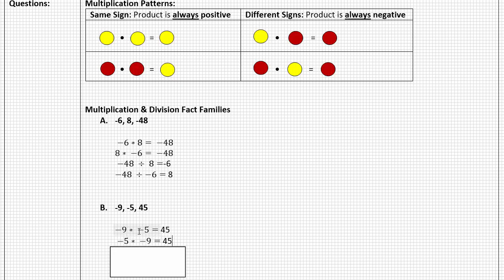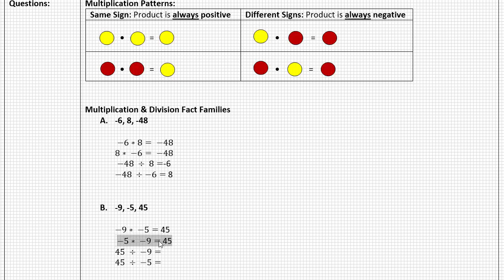So we want to see if we can use these two facts to figure out the division problems. What do you think are the correct answers for these two sentences? 45 divided by -9 and 45 divided by -5. Go ahead and put in what answers you think, and let's see if we agree. Well, this problem right here, 45 divided by -9, is this problem right here in reverse using backtracking.